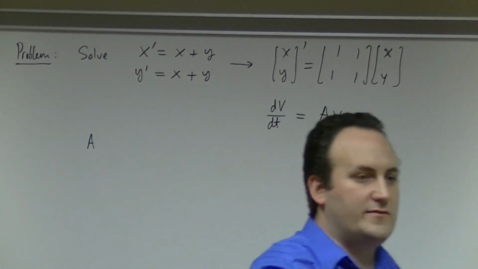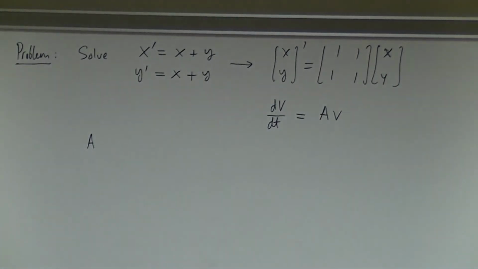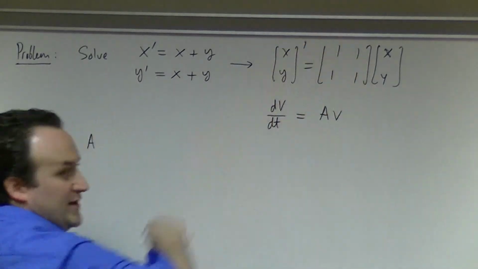Remember, a matrix is invertible if and only if lambda equal to 0 is not an eigenvalue. But also, a matrix is invertible when it has linearly independent rows and columns. I'm saying 0 has to be an eigenvalue, because this clearly does not have linearly independent rows and columns.